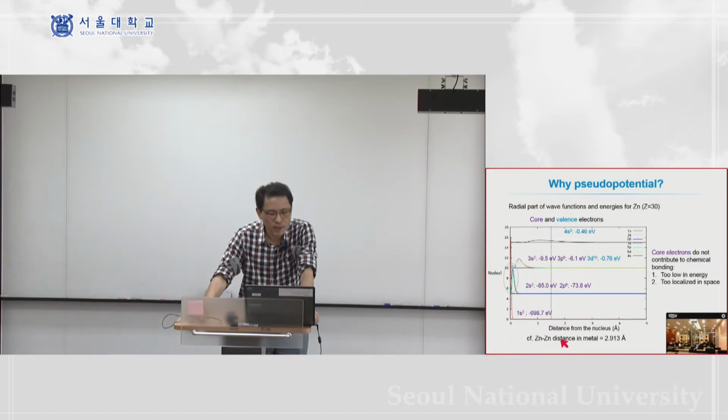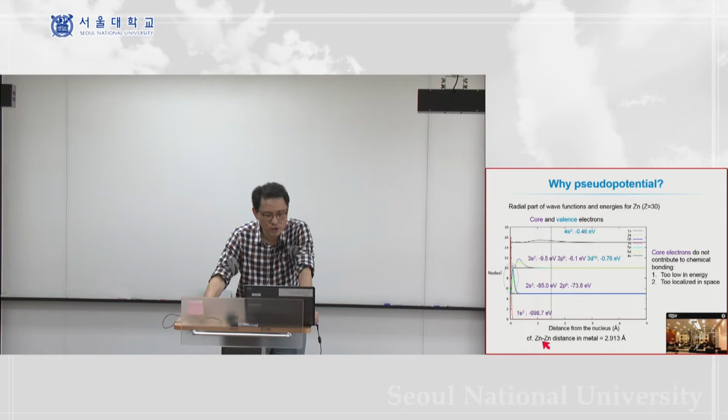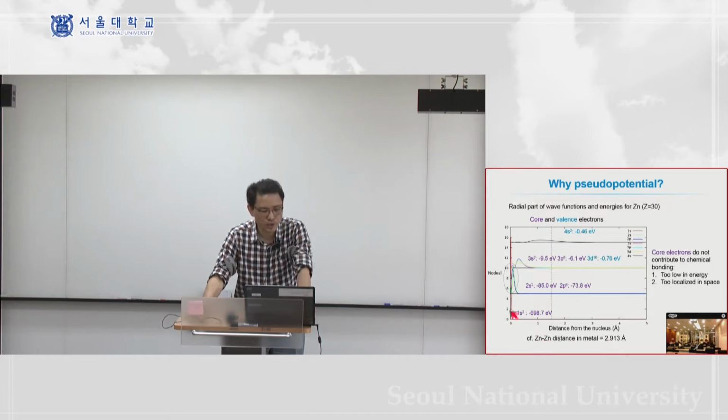For comparison, this dashed line is related to the zinc distance in metal, which is 2.9 angstrom. So this dashed line is actually half of the distance to another atom.